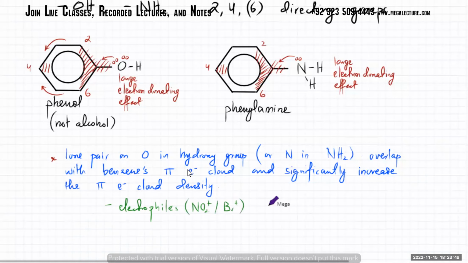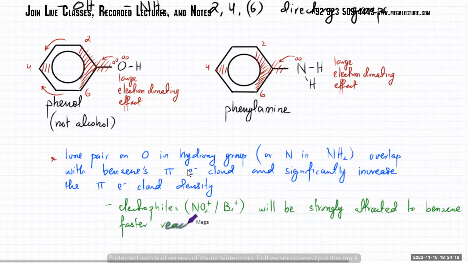These electrophiles will be strongly attracted to benzene. So faster reactions and milder conditions. I mean, you don't need extreme conditions.